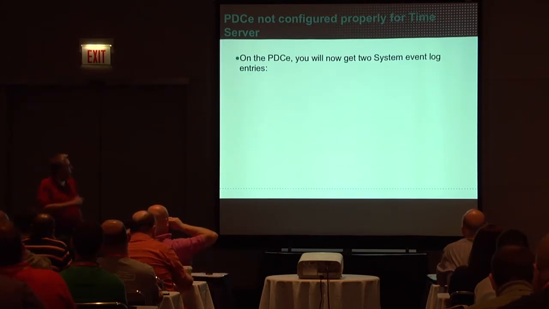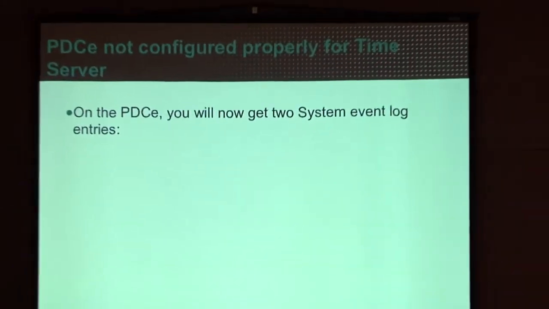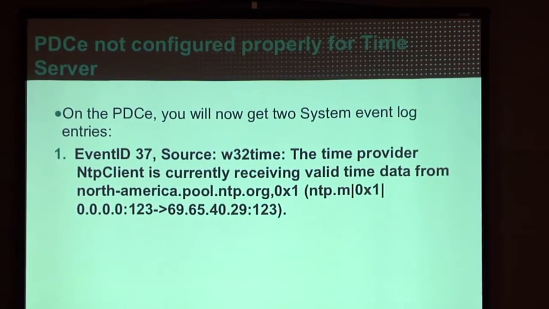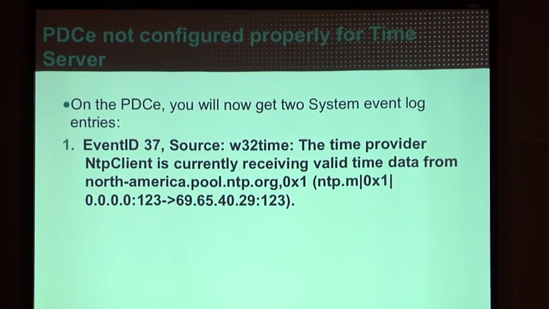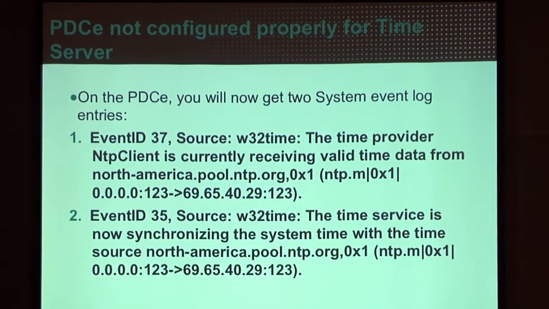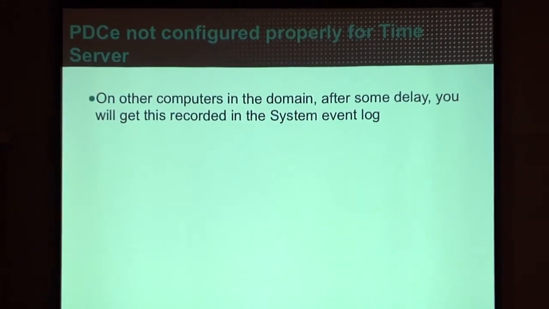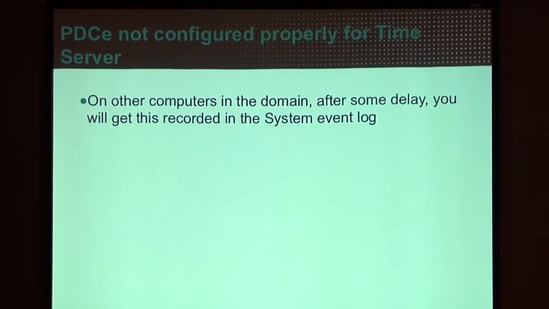So now that we've restarted, on the PDC emulator, you will now get 2 system event logs, which you can now see because you're authorized to look in the system event log. You're going to see the time provider is currently receiving valid time data from your external time source, and that it is now synchronizing. Then, using a Windows hierarchy, it's very detailed, a really nice big picture.